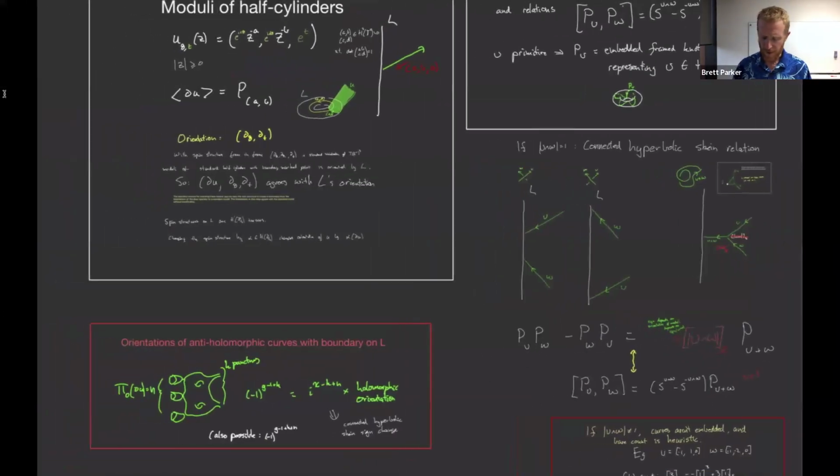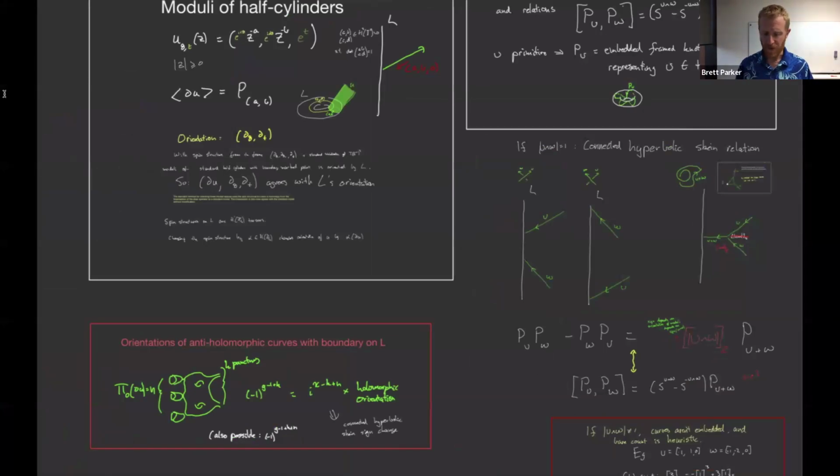Yes, so I think I used preparing this talk as an opportunity to try and get orientations completely straight in my mind. I'm not 100% sure that everything is completely straight in my mind yet.